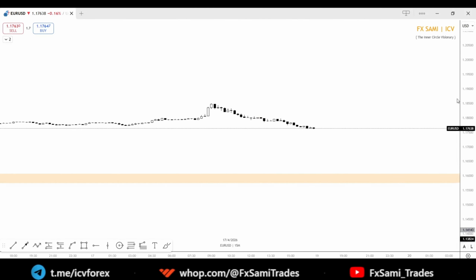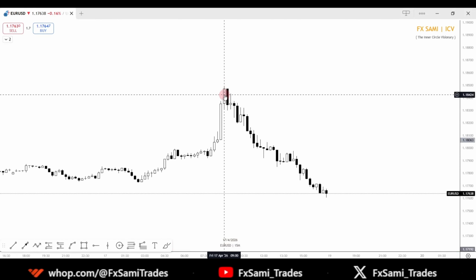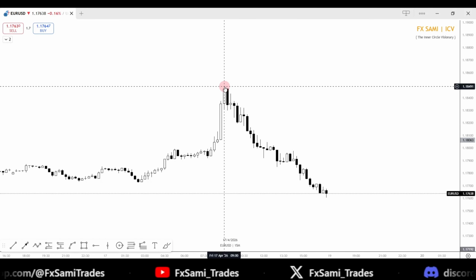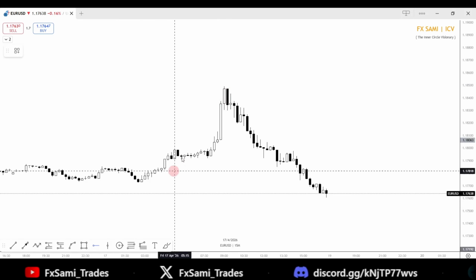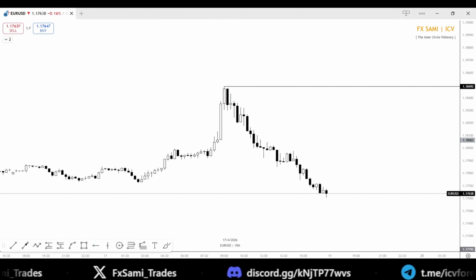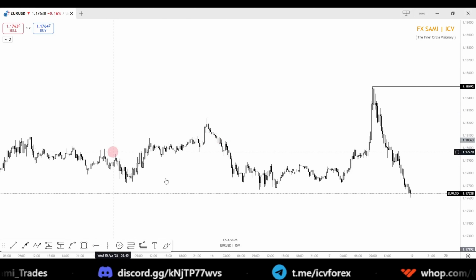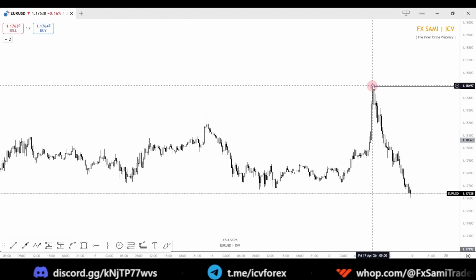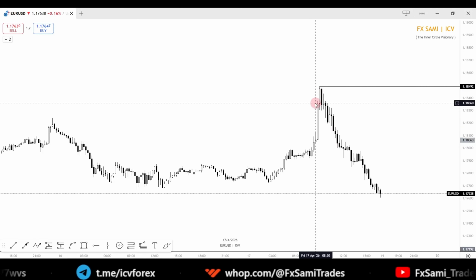And just to show you guys on the 15-minute how we have the high of the week formed on Friday. So this 9 a.m. 15-minute candle is the high of the week right here. As you can see in the previous weeks also, we have no high higher than Friday high. So this is an actual high of the week.